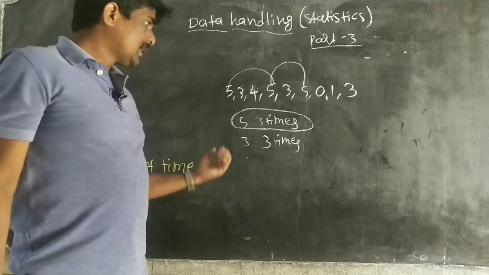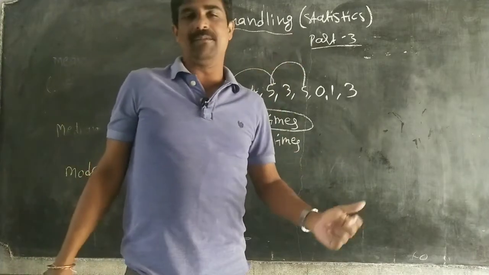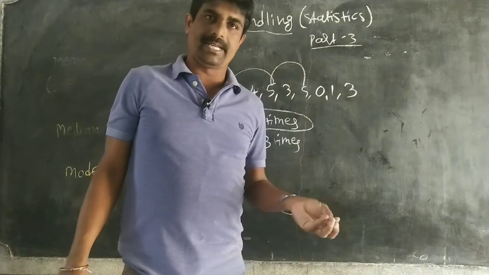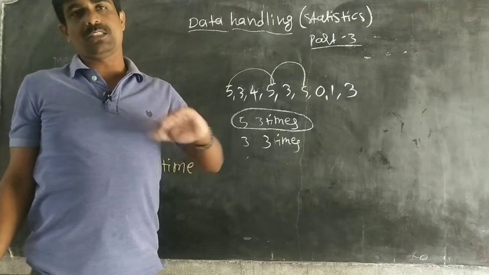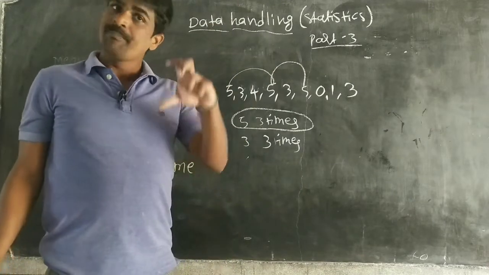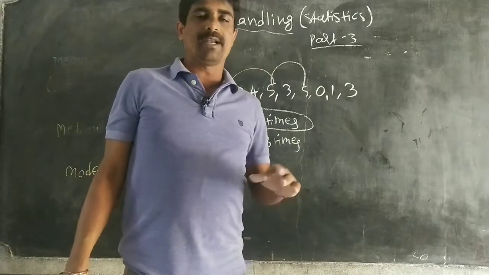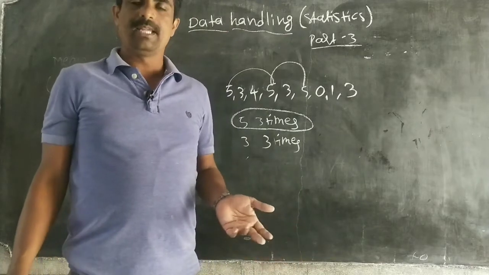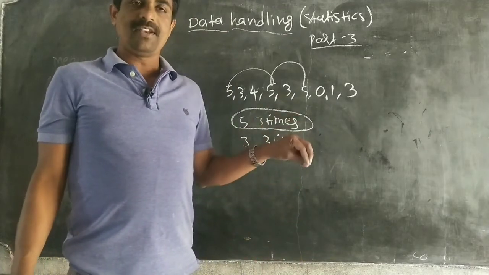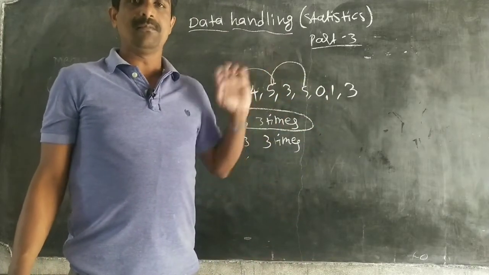So mode is the most occurring number. This is the brief introduction of mean, median, mode.